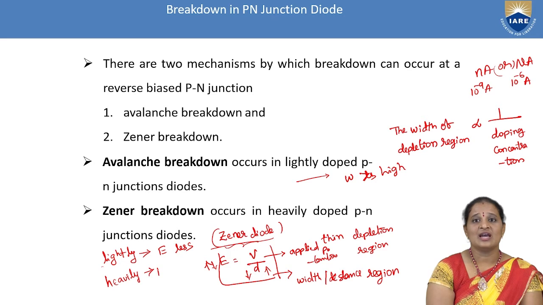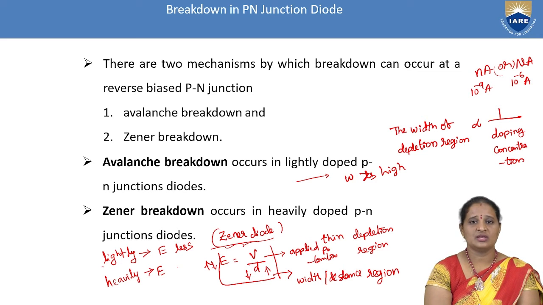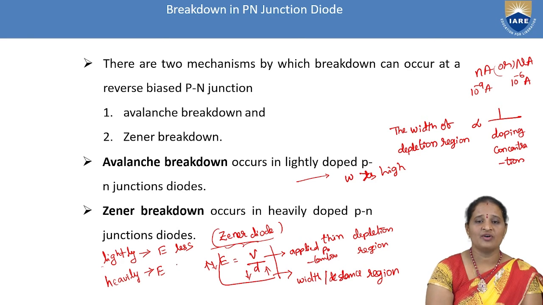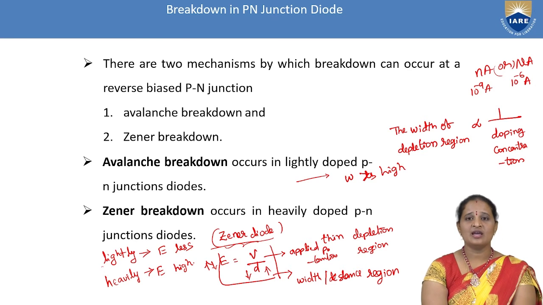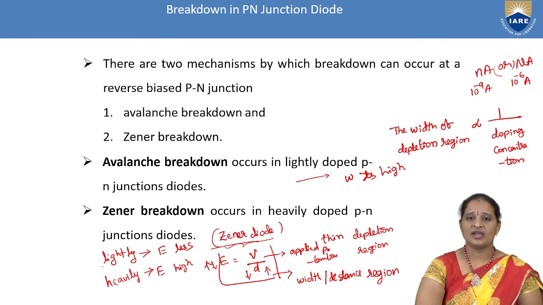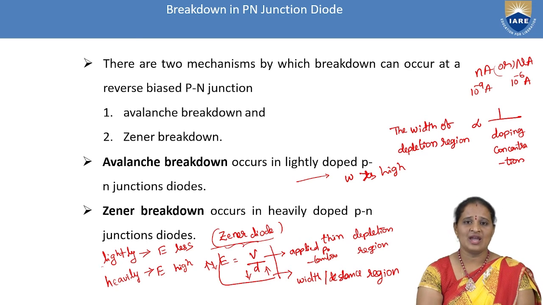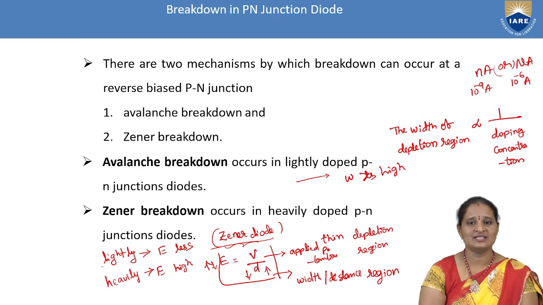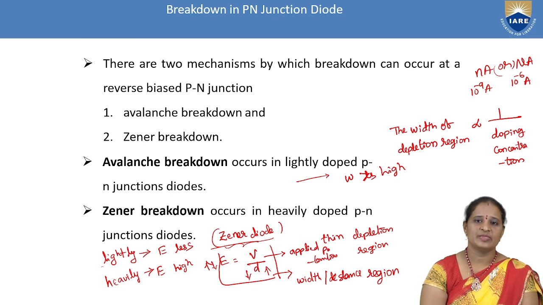That means in heavily doped diodes, we have an intense electric field near the junction. So in a lightly doped diode, the electric field intensity near the junction will be less, whereas in heavily doped diodes, we have an intense electric field near the junction.